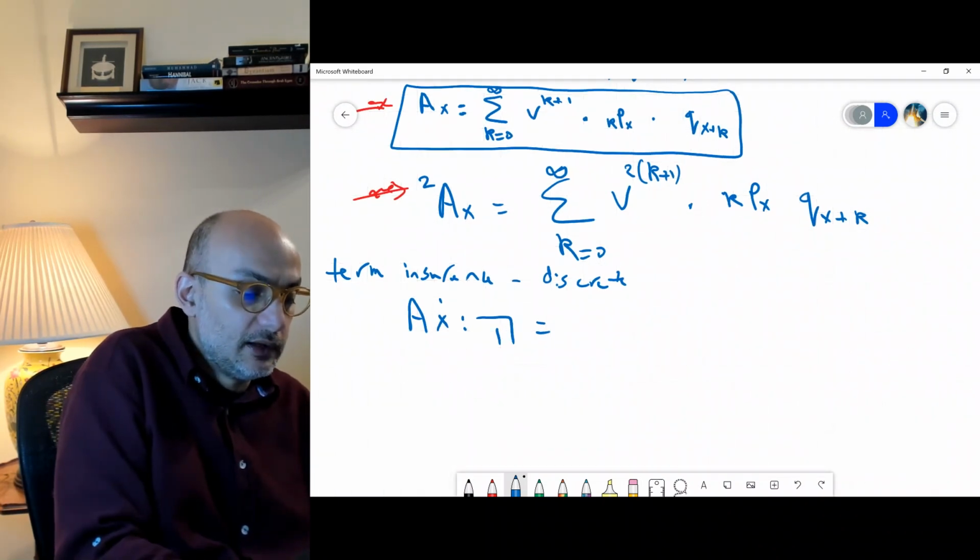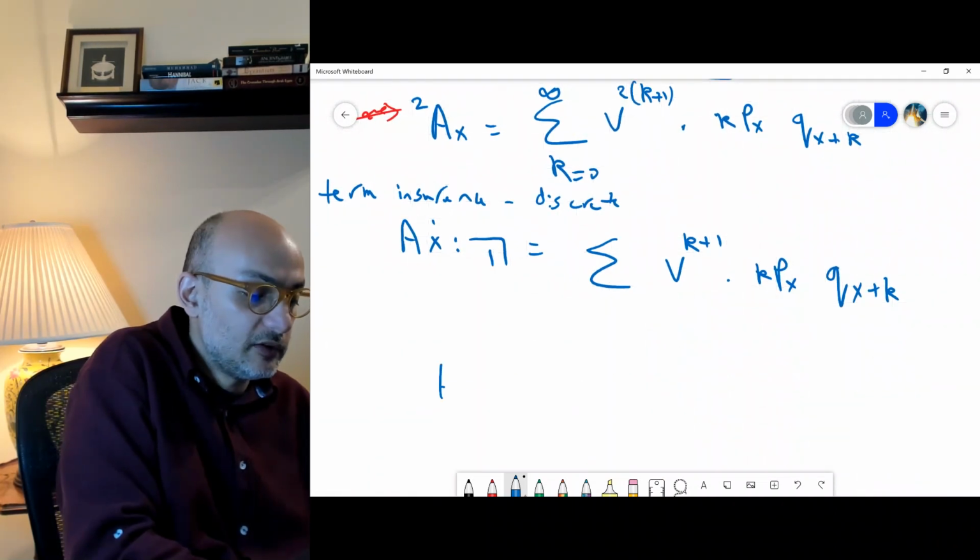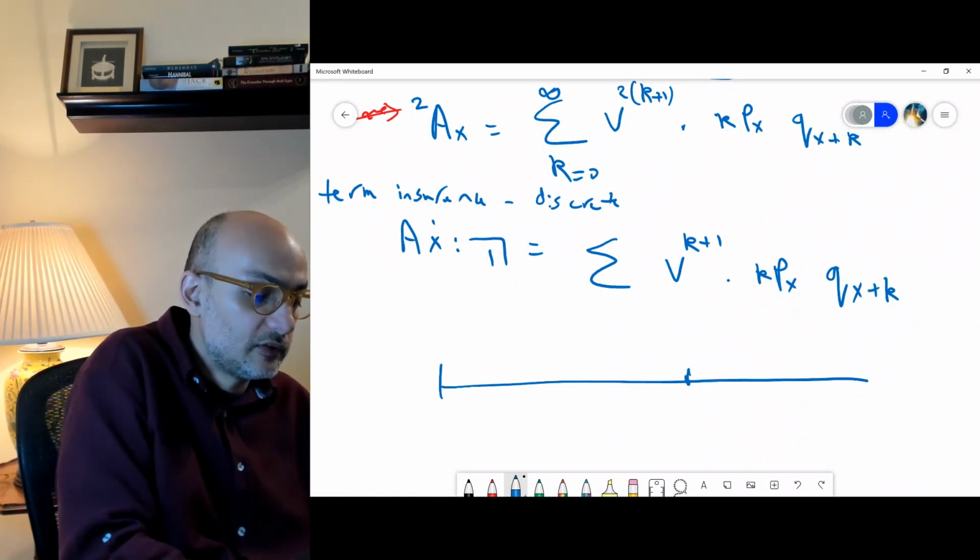Same logic, right? So we take the summation, same logic, v to the k plus 1, and then multiply by kpx, qx plus k. And if you visualize it here, this is x. So we start from k equals 0.